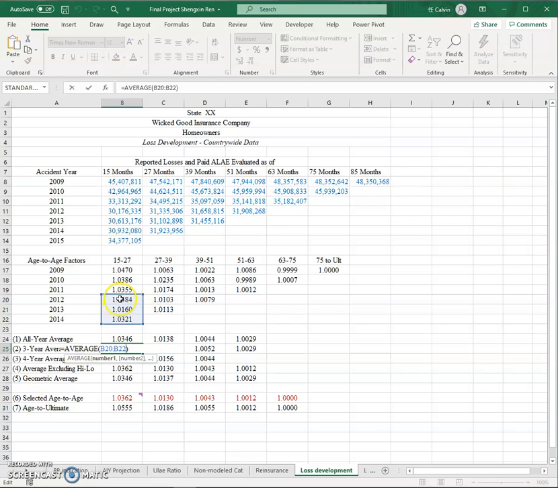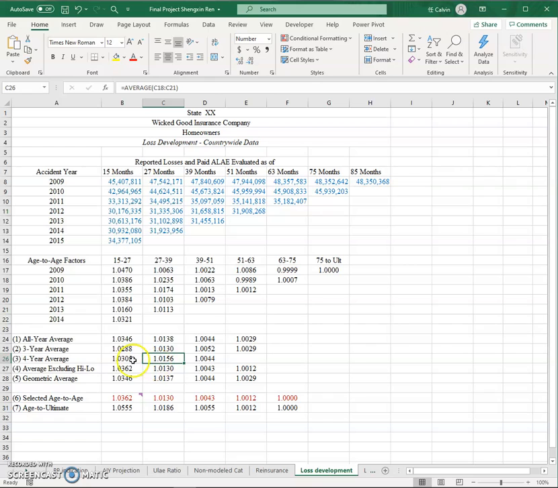So same, equal average, current 3 years, and same for the rest. For the 4-year average, it's quite similar to the last one. It's just the most recent 4 years.